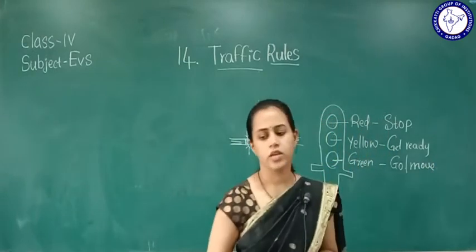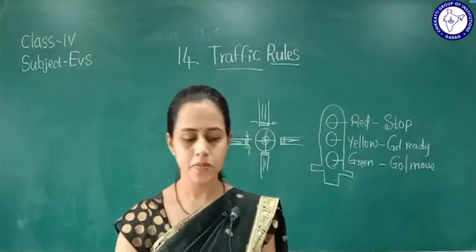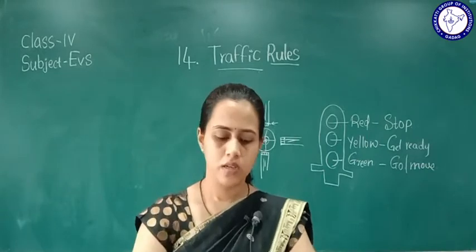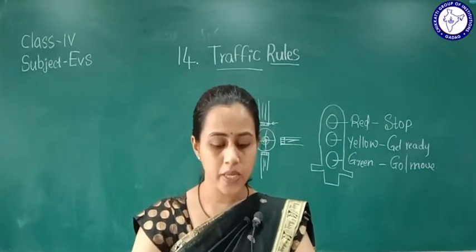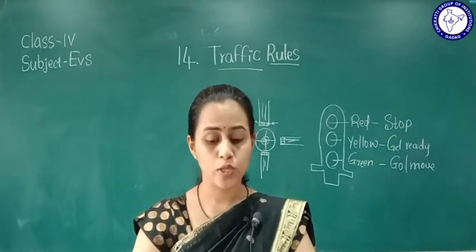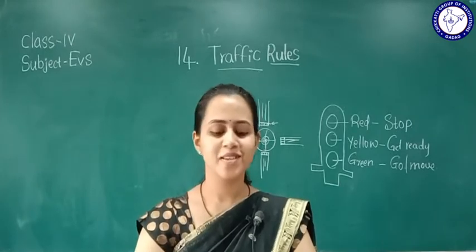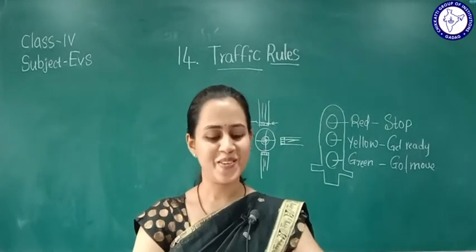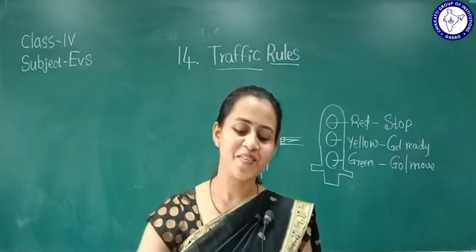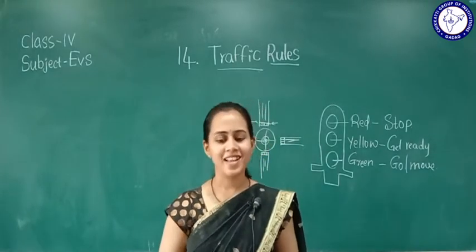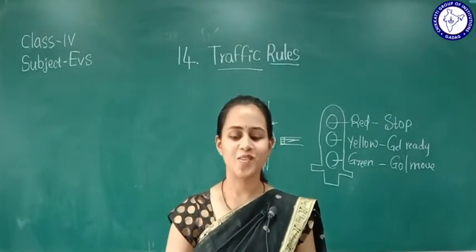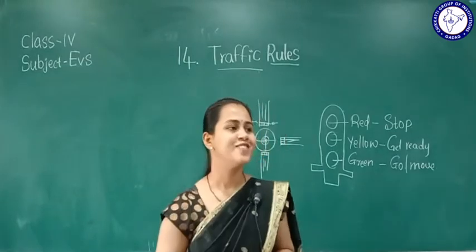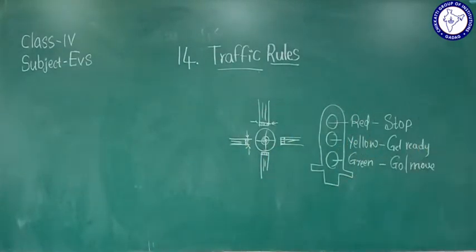Okay, so here, in the meanwhile, red light was on. The vehicles stopped moving on the road where the teacher and students had to cross the road, right? So here what does it mean?